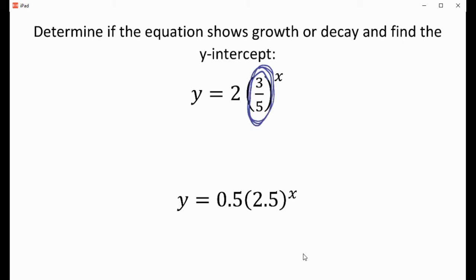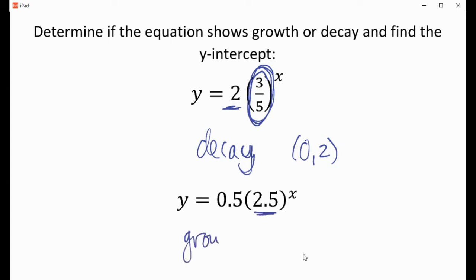If it's less than 1, it's going to show decay. And our y-intercept is our starting point, or a. So in this case, it would be the point (0, 2). And since 5/2 is bigger than 1, this second equation shows growth, and the y-intercept would be the point (0, 0.35).